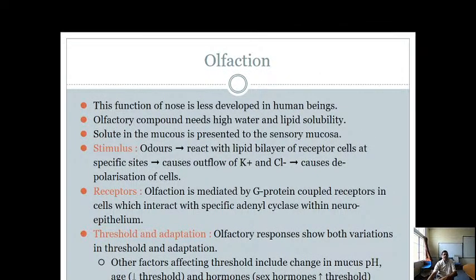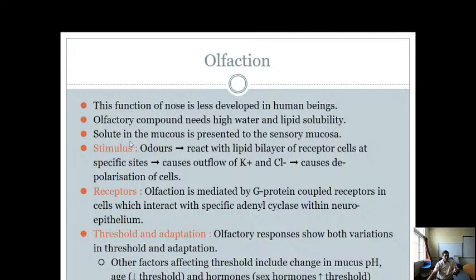Now, olfaction is perceived as a sensation of smell, and smell usually travels from one place to another by particles. Olfaction is by particulate matter.